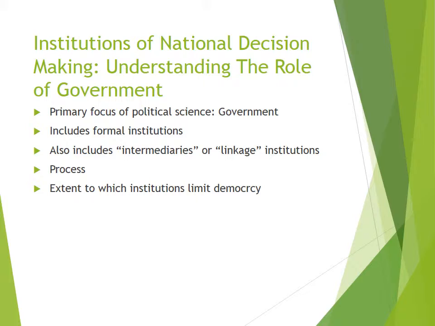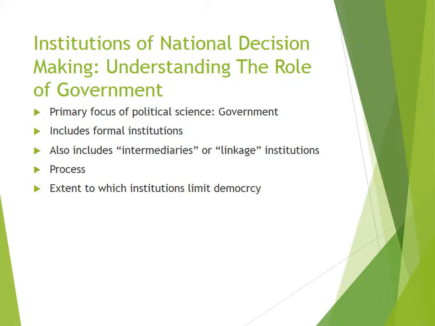The study of institutions includes the formal institutions, legislative, executive, judicial, bureaucratic, the legal system, but also the informal ones. We're going to stay on the formal ones in this presentation, but it also includes intermediaries such as the mass media, public opinion, interest groups, and of course political parties.